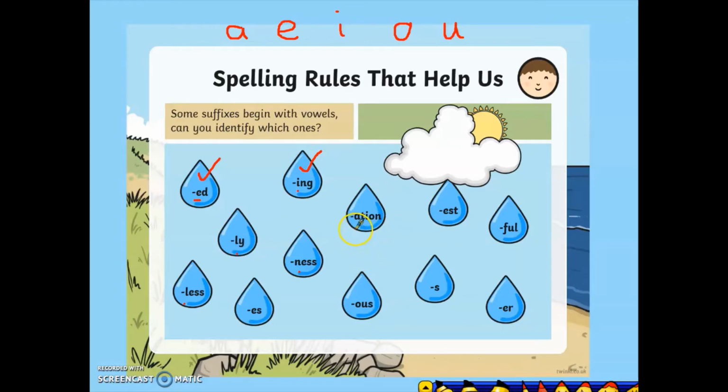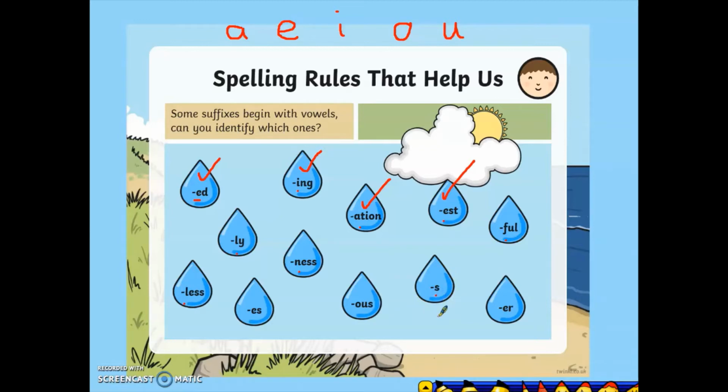Ation begins with A. That is a vowel. Est. Does est begin with a vowel? Yes, it begins with an E, so this suffix begins with a vowel. Ful, F is a consonant.